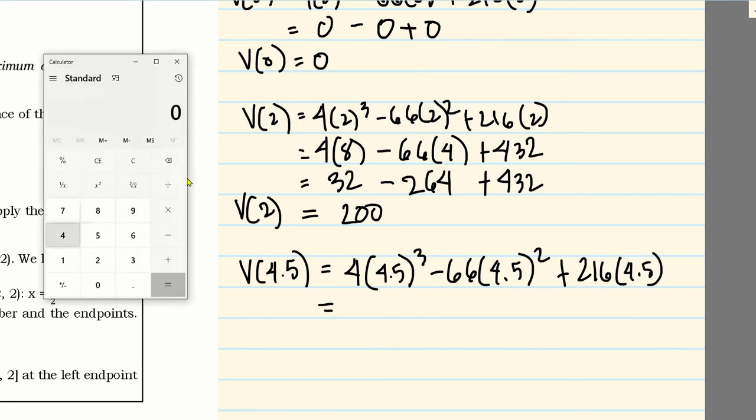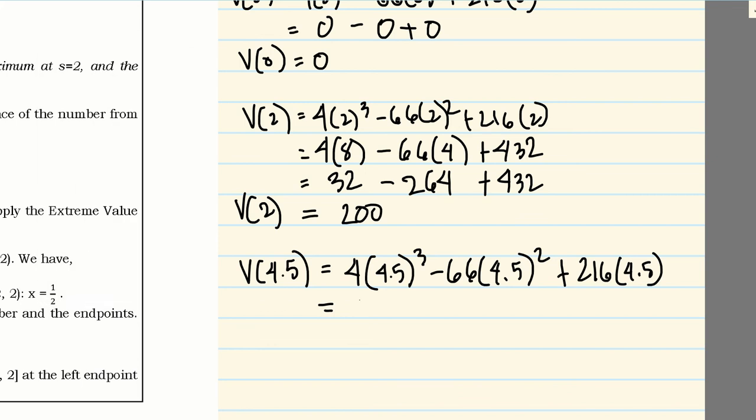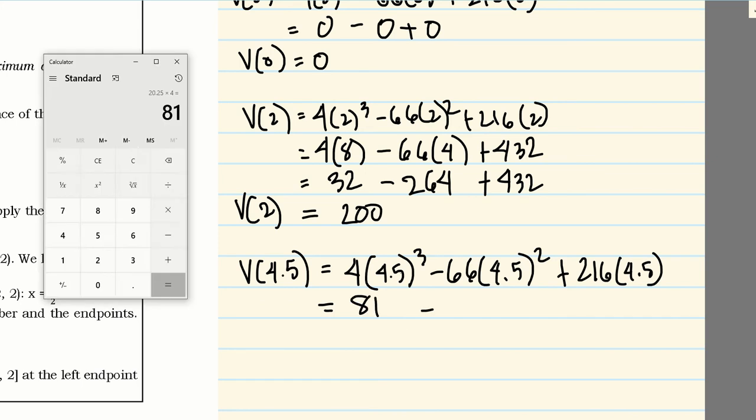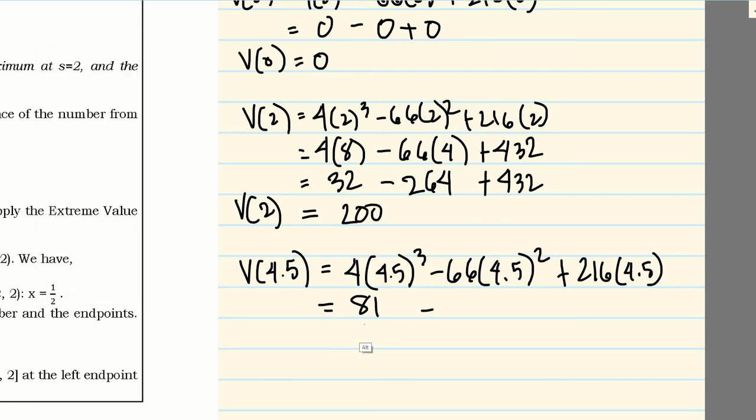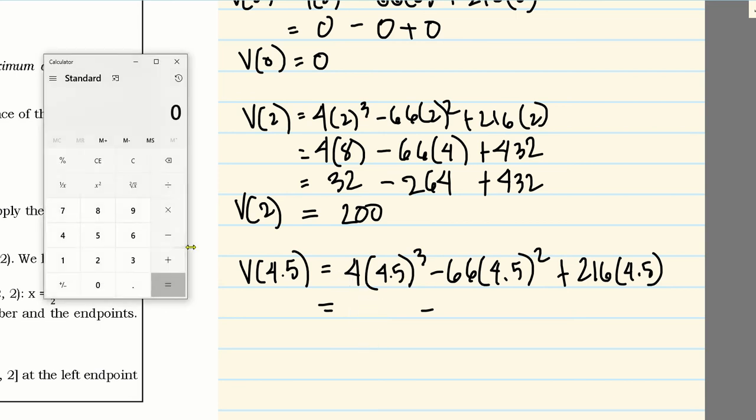Wait, we have gotten this wrong, because we only multiplied 4.5 twice.